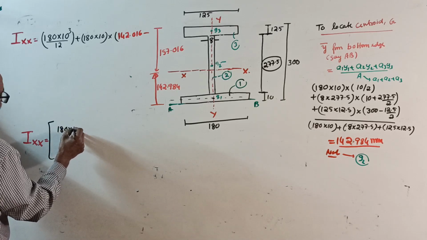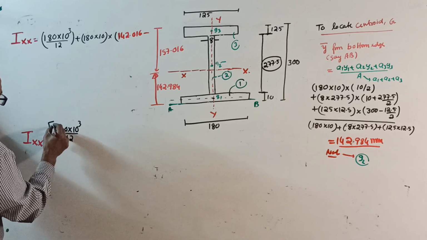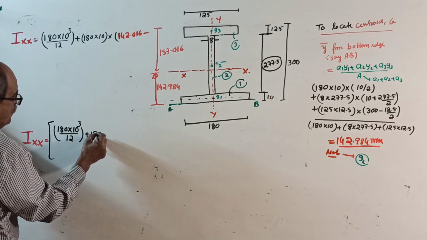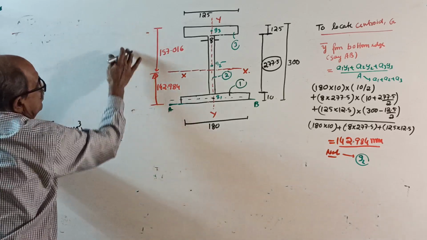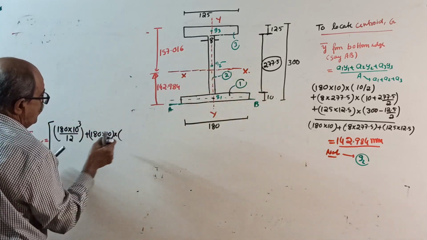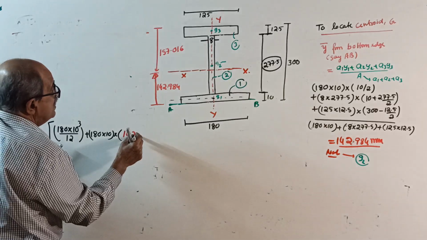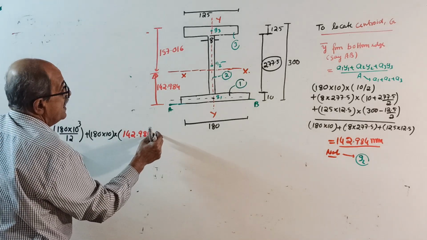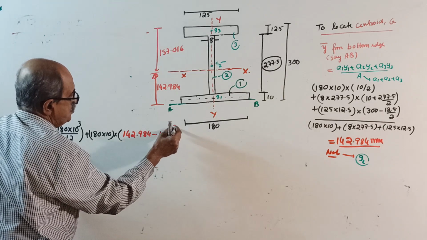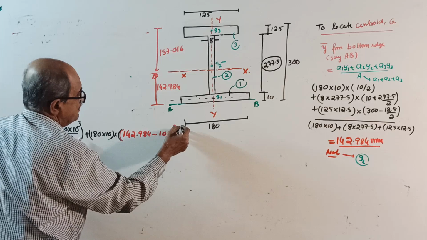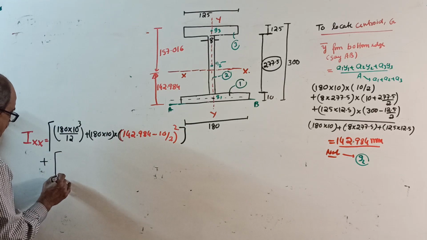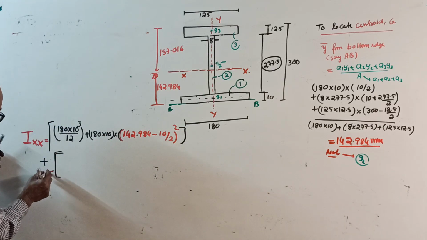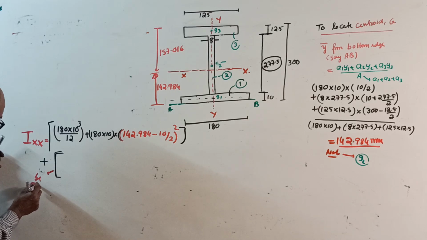180 into 10 cube by 12 is Ig, plus area: 180 into 10 is the area, into, how much I told, from centroid to x-axis, 142.984 minus 10 by 2 whole square. This I already told last time, same as last time. No problem. I'll put it below. Plus the most important, see, now be careful and understand.